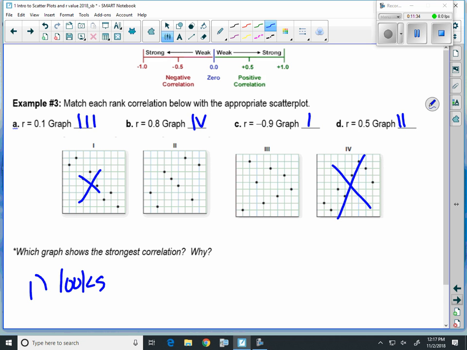We'll put number 1. It looks a lot closer to a straight line. All right, what questions do we have?